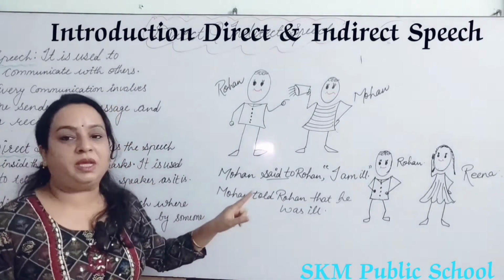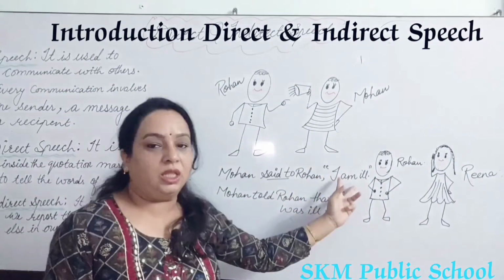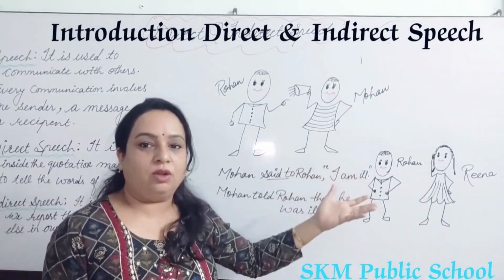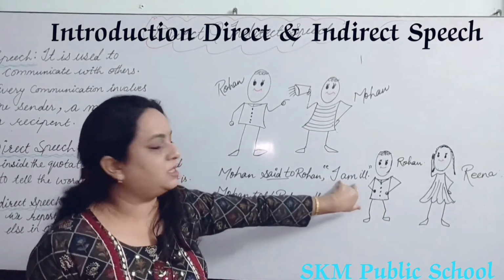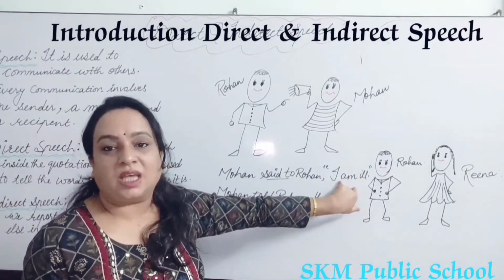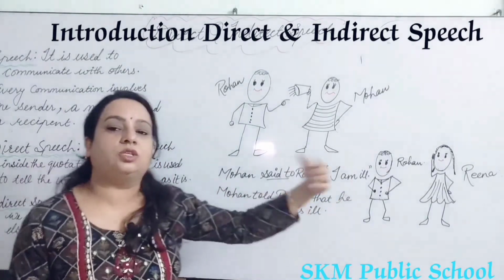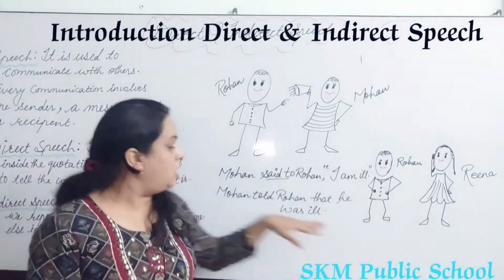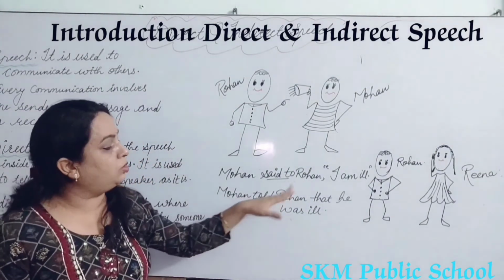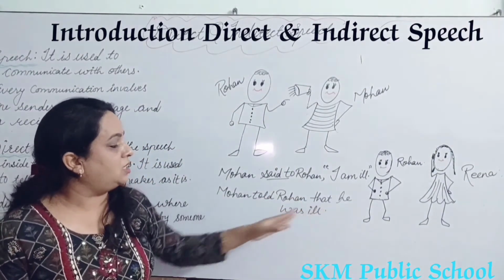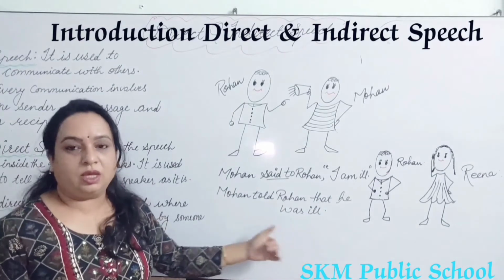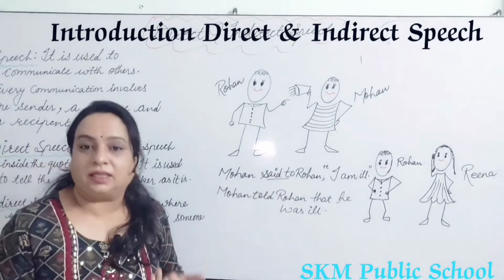Here in direct speech, whatever the message is, is written inside the quotation marks. But when Mohan told this to third person Reena, he said Mohan told Rohan that he was ill.